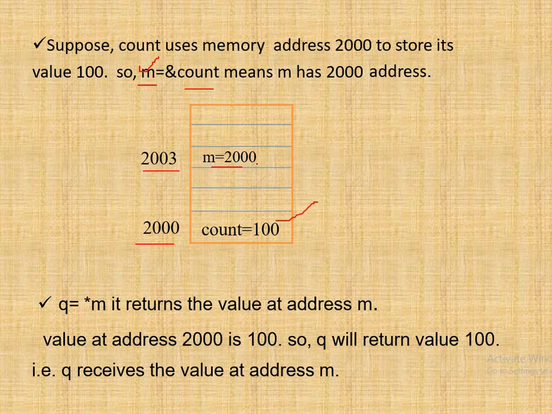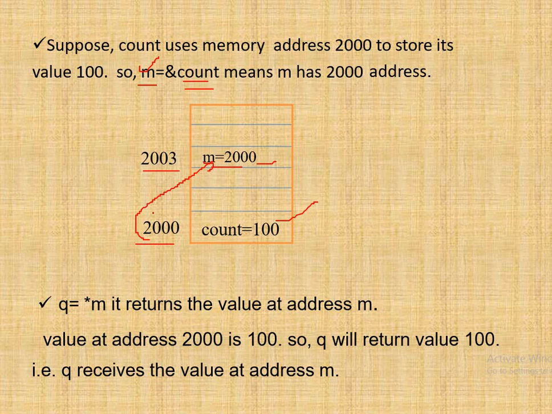What will m store? Actually m will store the address of count, and the address of count is 2000. So this 2000 will be stored here at the 2003 location. So this is the meaning of this line.